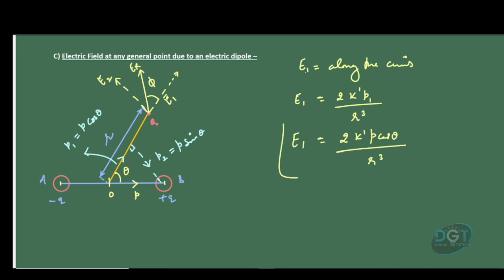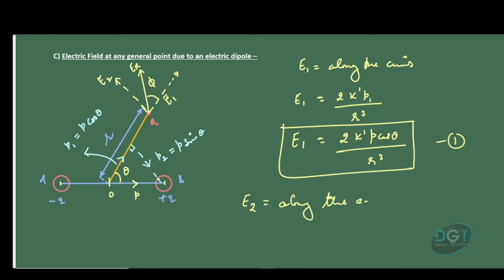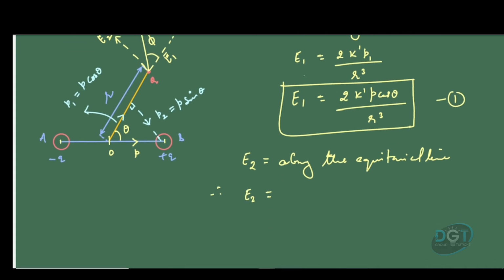So this is the electric field along the axis at that point, and same way E2 is along the equatorial line. Therefore from the previous derivation we also have the equatorial line's electric field due to a short dipole, so that is given by k'P2 upon r cube.